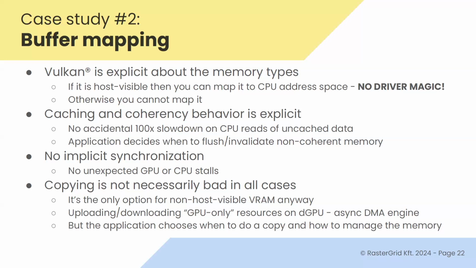Well, of course, I'm talking about discrete GPUs with their own dedicated VRAM. But the other important thing is that you can decide to do that with a DMA engine instead of letting the driver decide what method it uses for the copying. I will talk about that in a few slides some more. So the important thing is that it's all in the hands of the application developer.